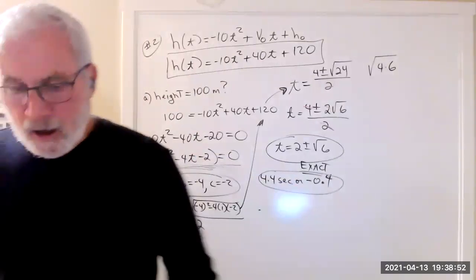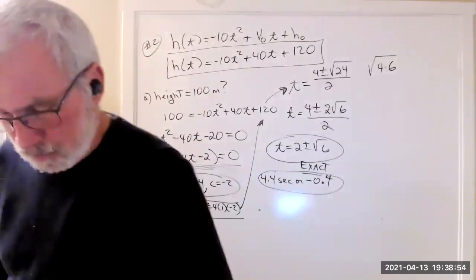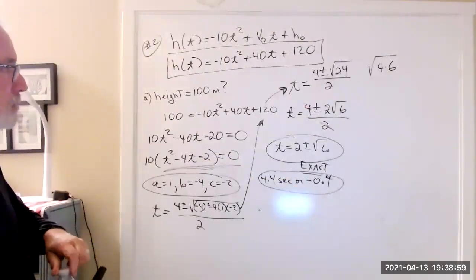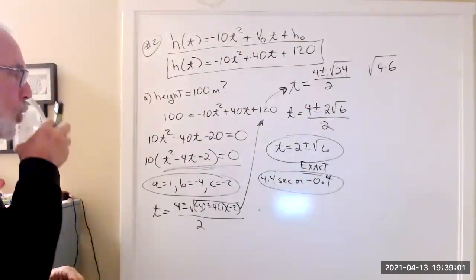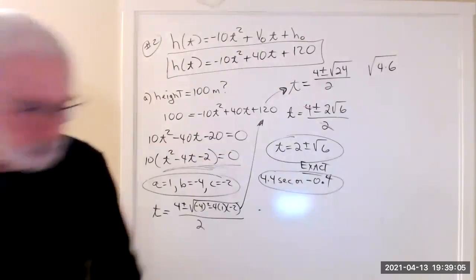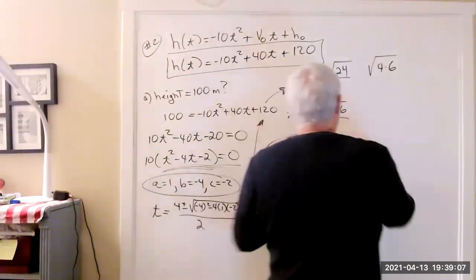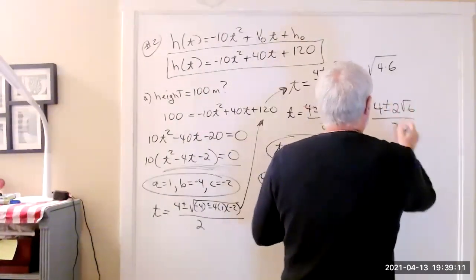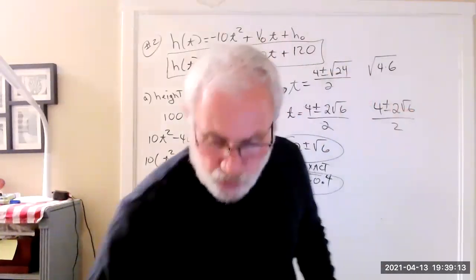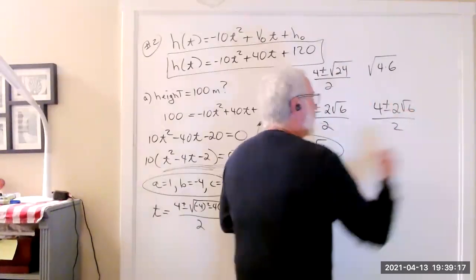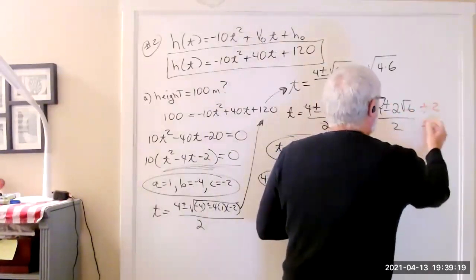So when you reduce it from 4 plus or minus 2 radical 6 over 2, what exactly are you reducing to make it 2 plus or minus radical 6? What you're saying is all of the normal numbers can be divided by 2.